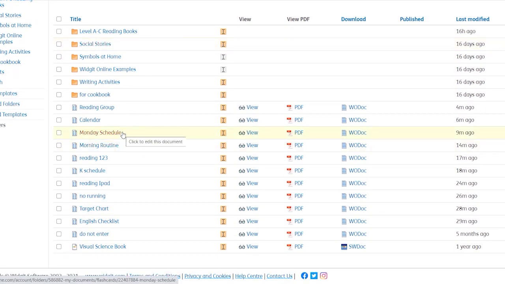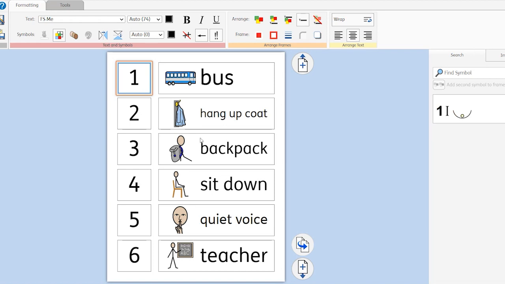For some of our students, I need to break that down even further into routines and sections of the day. So for instance, here is our morning routine schedule. These are the sequence of things that they can expect to do in the morning.